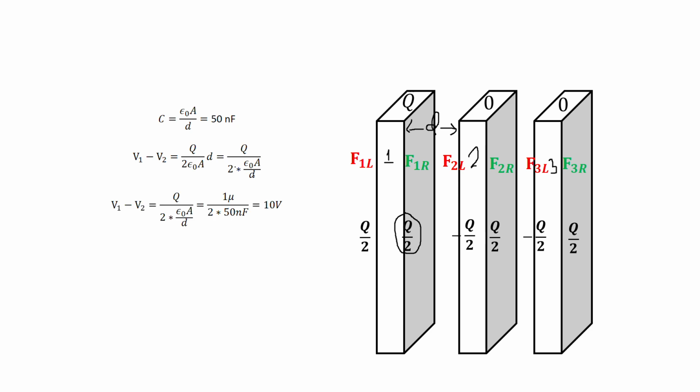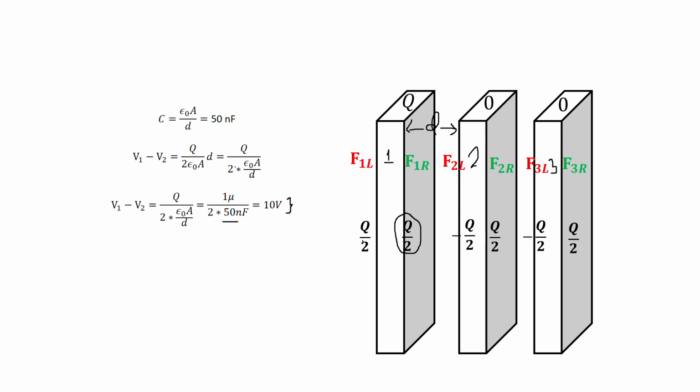Now substituting the value of epsilon naught A by D as 50 nanofarad, and calculating, we get this potential difference as 10 volt.